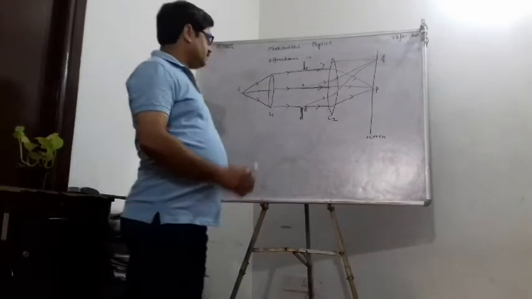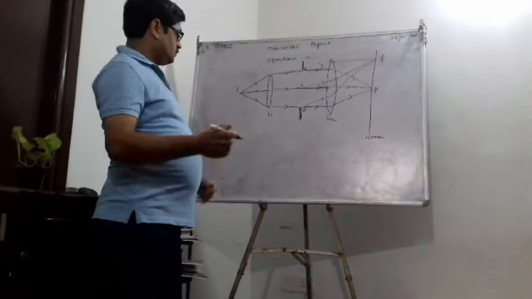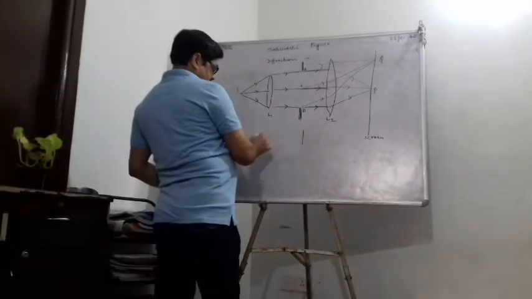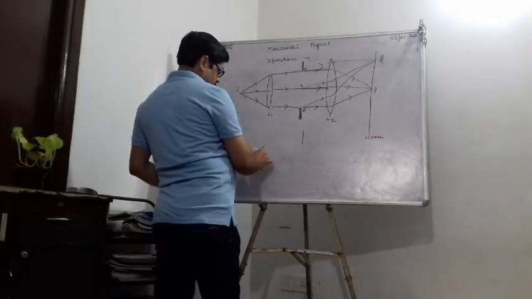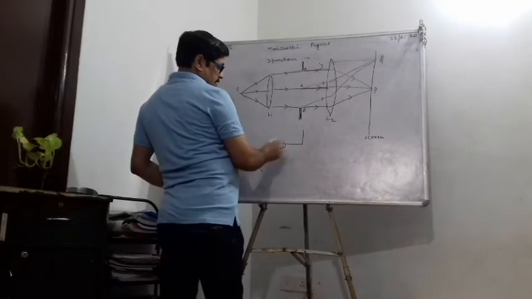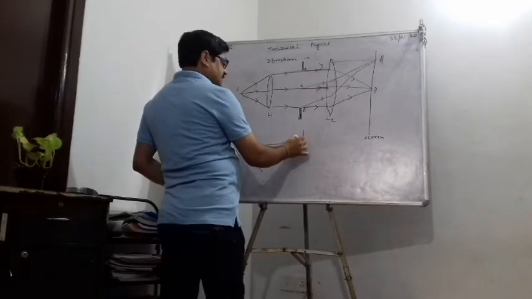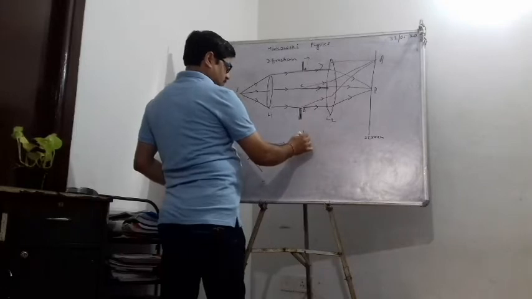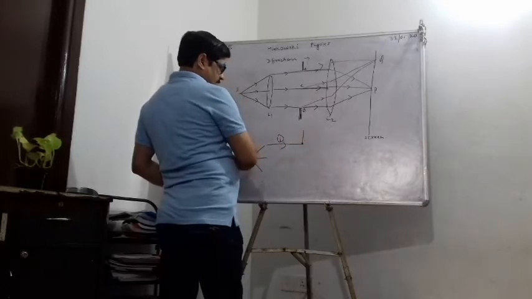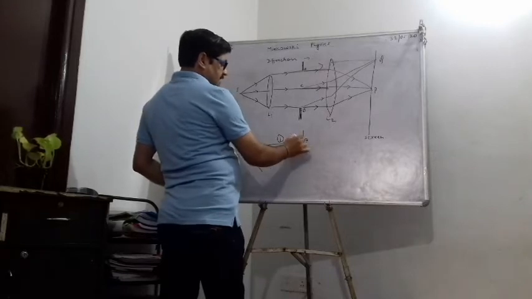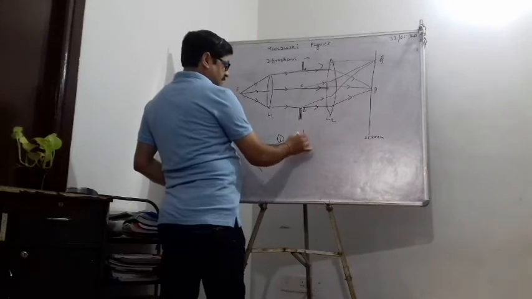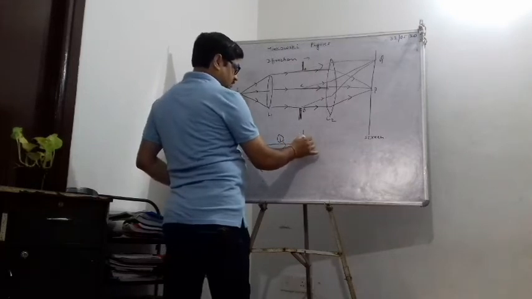Two lights are here. At the edge, one light comes from S and then it behaves as the source. So one light is this, and one light is incident on the edge A. Then this edge A behaves as the secondary source and gives another light.